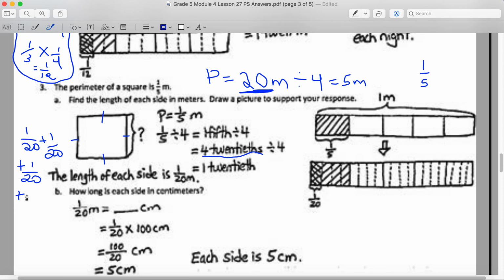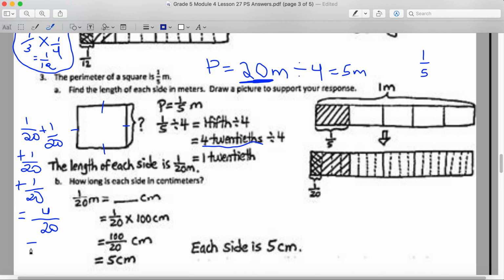I hope you're not confused by this, because we said the length of each side is 1/20. So if I have 4 of them, when I add them all up, what do I get? They all have the same denominator, so I get 4/20. When I reduce this, don't I get 1/5? I do. So our answer is correct. The length of each side is 1/20 meters.